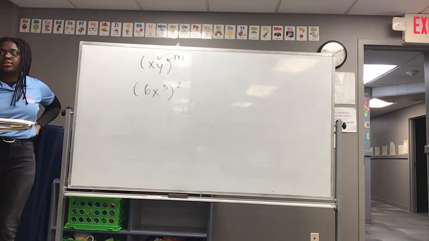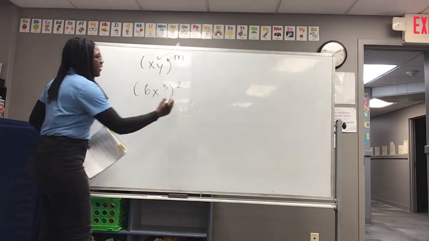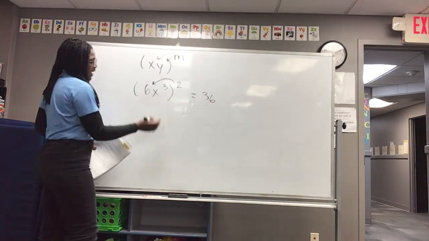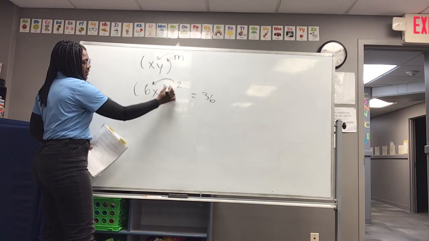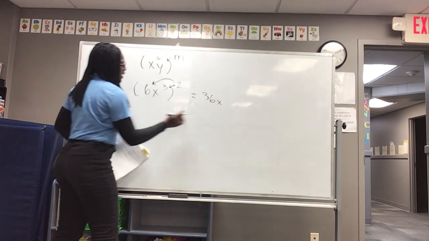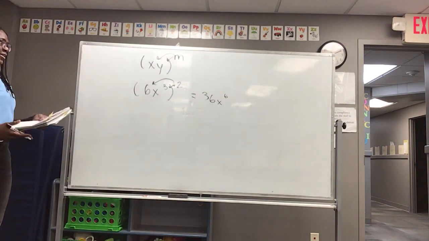Does anyone have an answer? 36x to the 6. Yep. So I would have to square my 6, which is 36. And then I have to square x cubed. Remember, when there's an exponent to an exponent, we multiply those. So x to the power of 3 times 2 is 6. So that would be my answer.